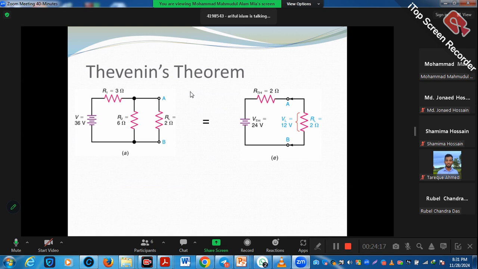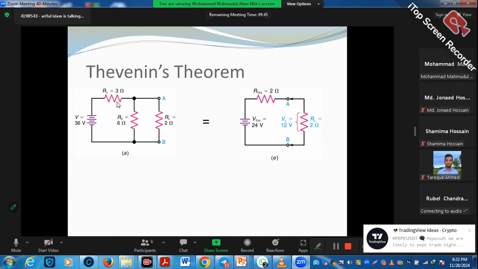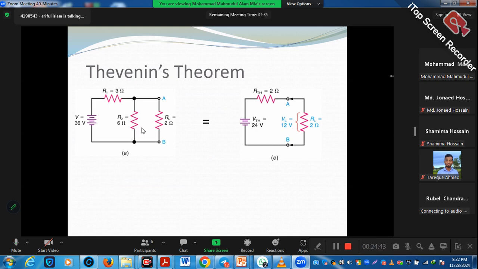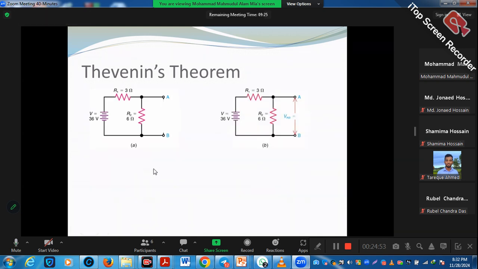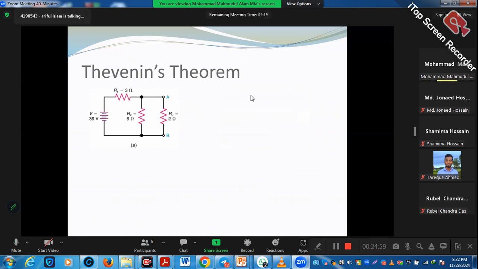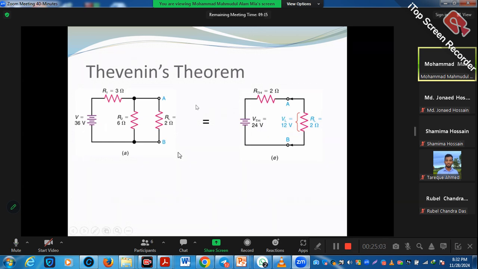Two terminals, one terminal with load and a voltage source with series resistance, and we see R1 parallel with R2, so R1 and R3 parallelly. Yes, this is the example for the Thevenin's theorem.